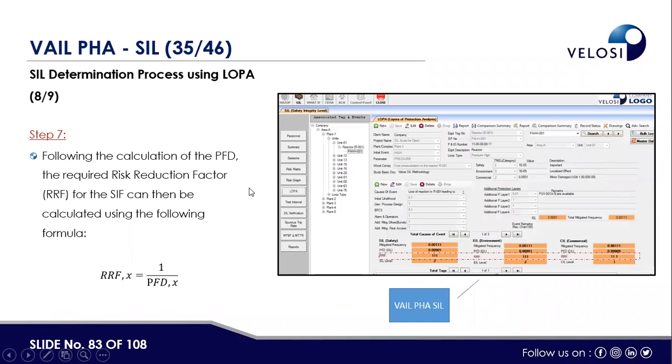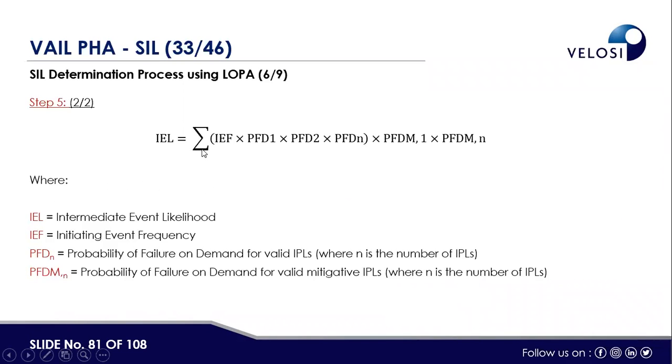Before going forward, if there are more than 2 causes, then this is for IEL1. Similarly, for the second initiating event, we have to calculate in a similar way, and in the end we will add both IEL1 and IEL2. So both initiating events will be added.